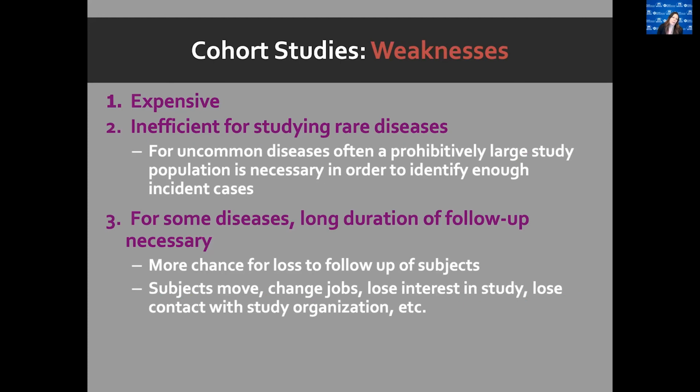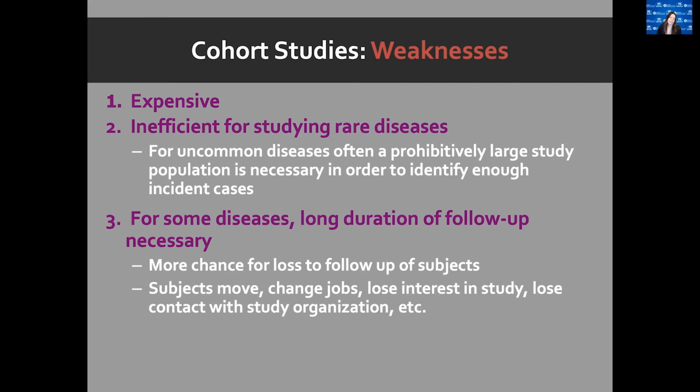Major weaknesses of cohort studies is that they're very expensive. They can be inefficient for studying rare diseases because when you have a rare disease outcome, you might need to have a prohibitively large study sample to be able to capture enough cases. The example I always give is pancreatic cancer, which is a relatively rare health outcome.